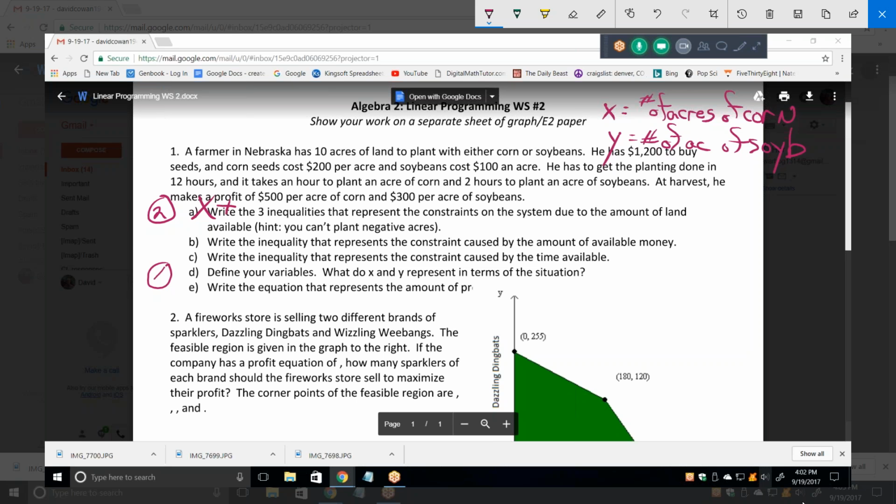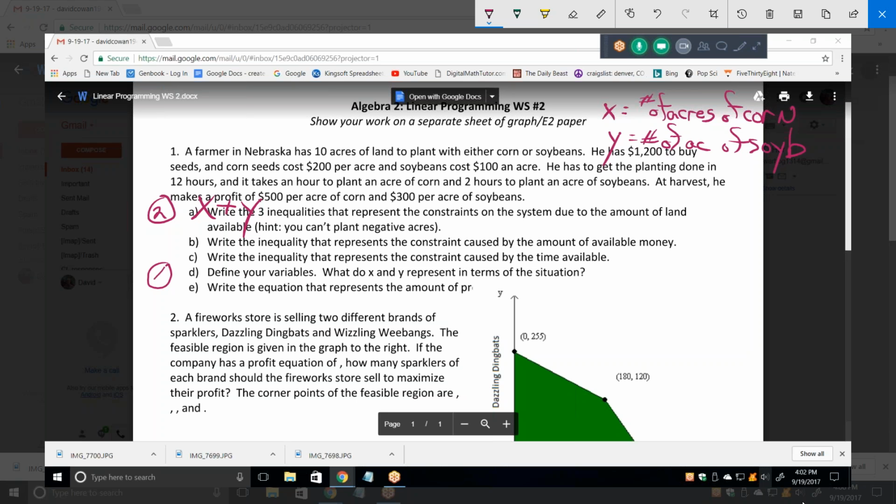What's X plus Y have to be? How many acres of land does he have to plant? 10.